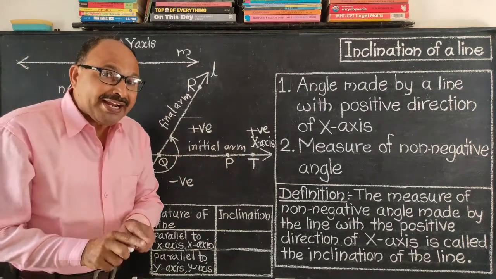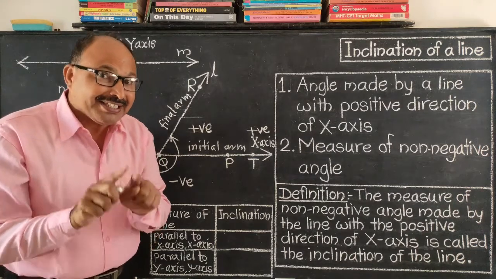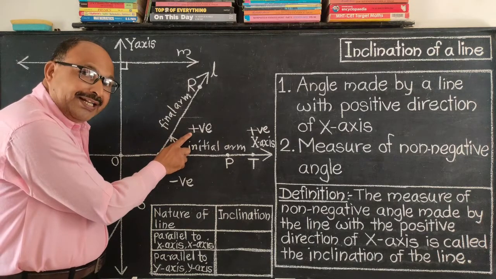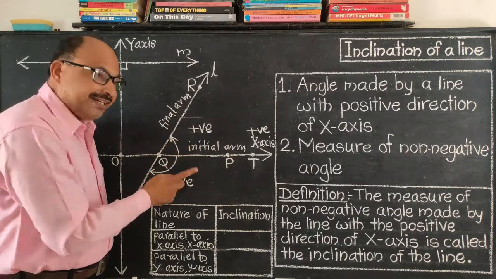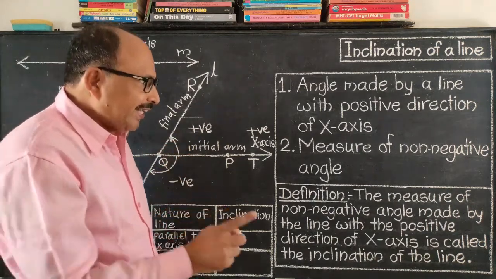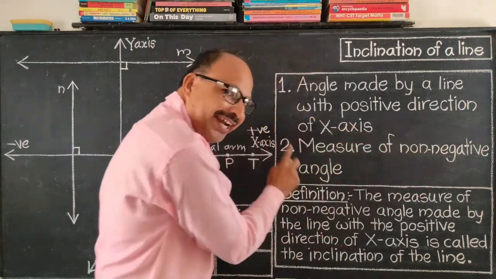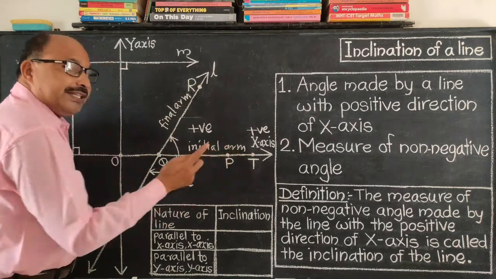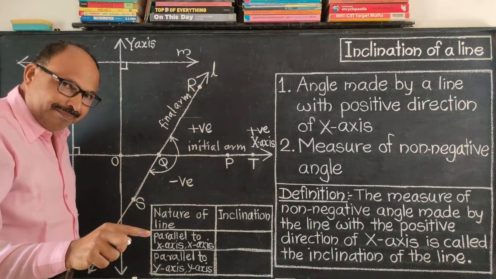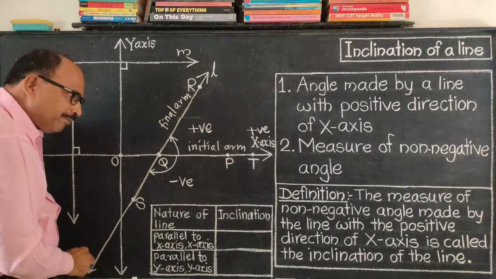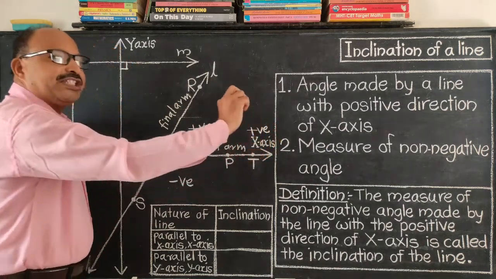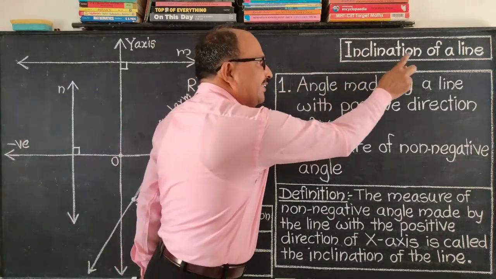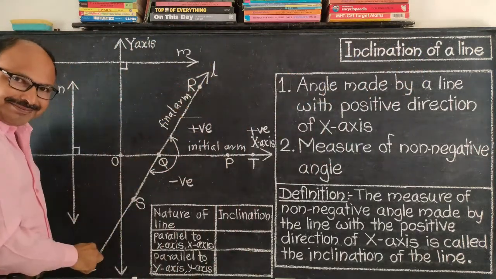Such a type of angle is called zero angle. We get positive angle and zero angle. That means we get non-negative angle. Measure of this non-negative angle made by a line with positive direction of x-axis is called inclination of line.